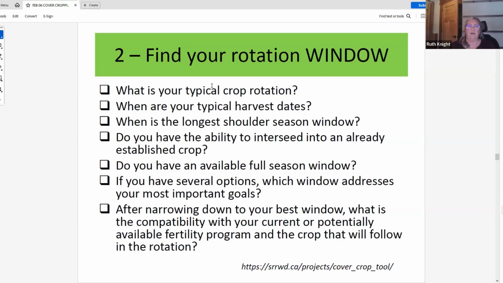But there are other opportunities in terms of being able to interseed or underseed into a crop.